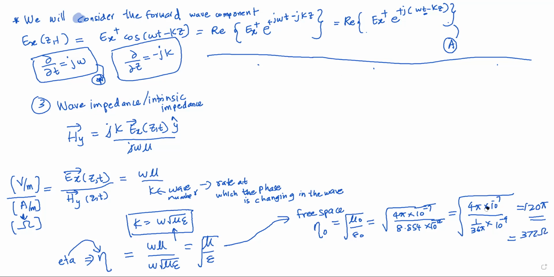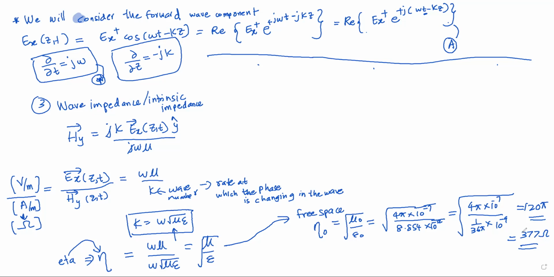So the impedance that the medium has on the wave propagation when the medium is free space is 377 ohms. There's a resistance from the medium of about this range to the wave propagation.